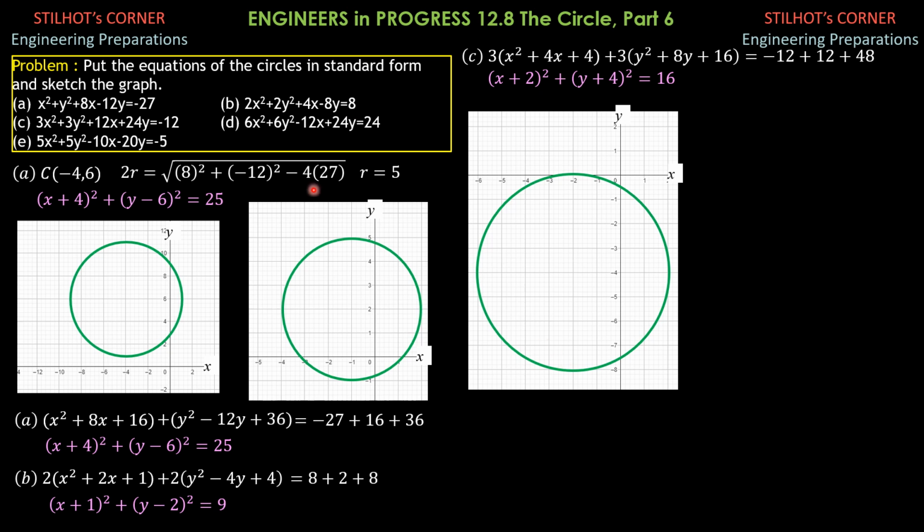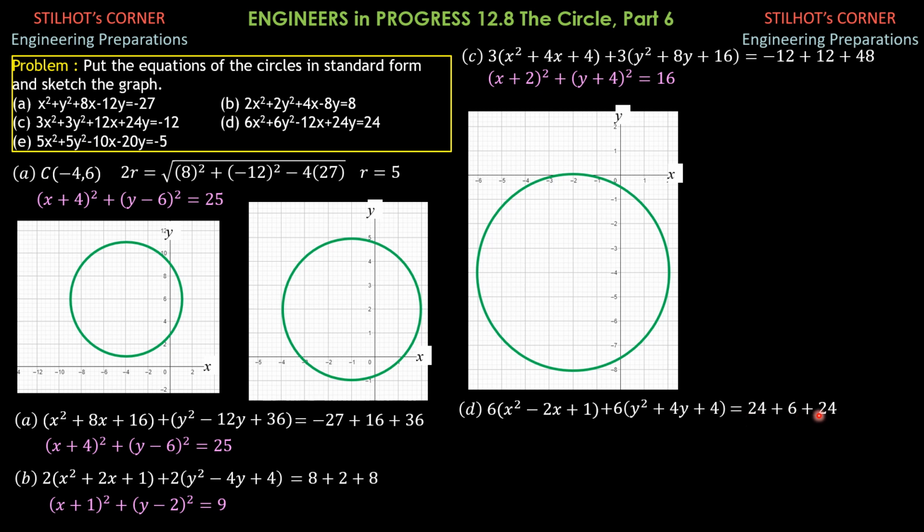Next, last, letter D, and this is your part. Factor out 6. So we have 6 times (x squared minus 2x plus 1), then plus 6 times (y squared plus 4y plus 4) equals 24, then plus 6 plus 24.